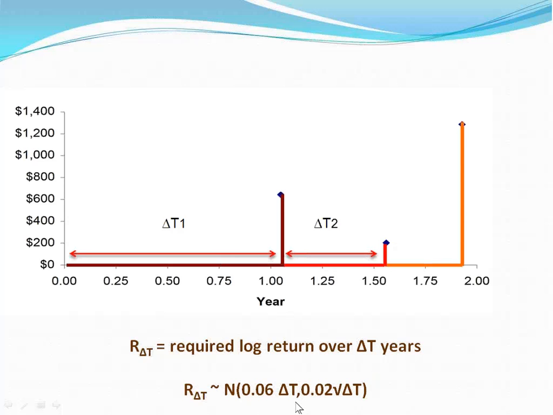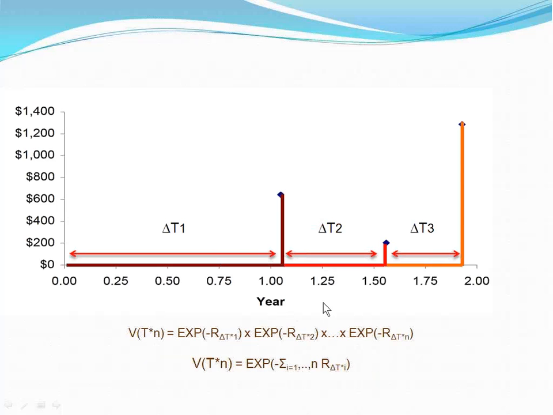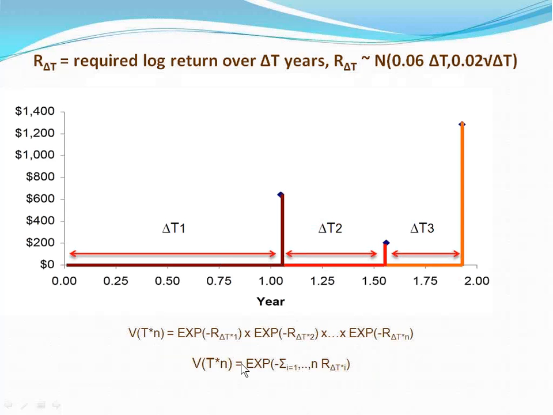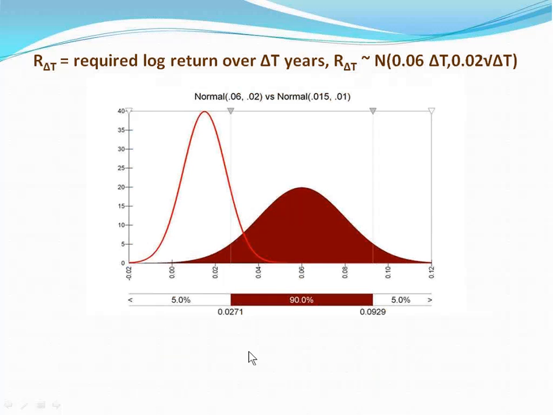This is what governs the short rates. Once we have all the short rates for all interpayment periods, we can calculate the present value factors. Here's our distribution for the short rates.